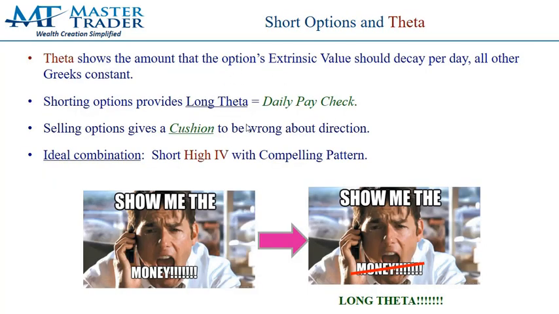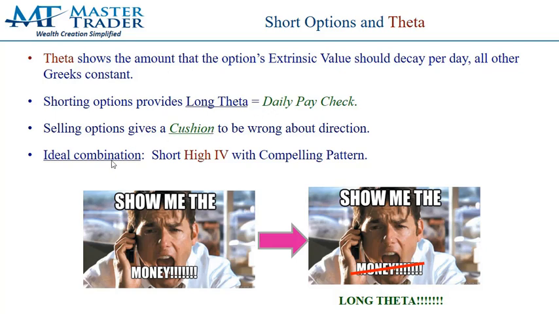Just another few points here about theta. Theta shows the amount that the option's extrinsic value should decay per day, all other Greeks constant, which I just mentioned. You don't need to know this, but when we short options, that's what's called long theta. That's our daily paycheck. Selling options is giving us a cushion to be wrong about the direction.